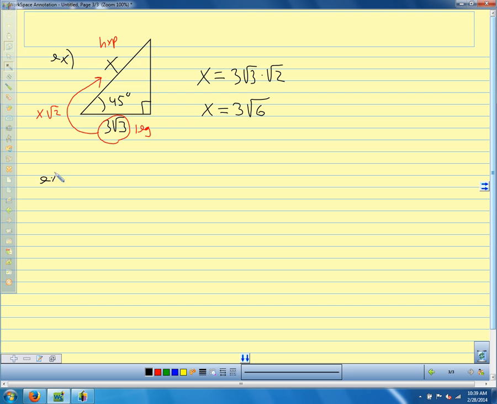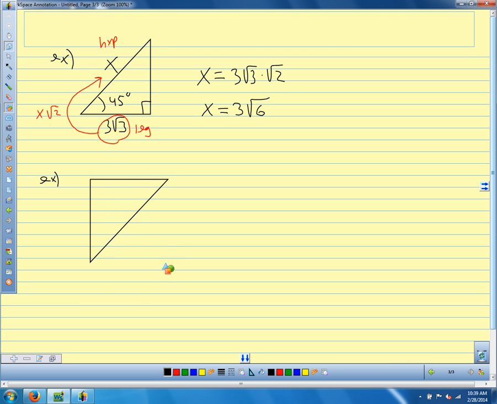All right, let me see if I can trick you guys. All right, we want to find x here. Sam says 7. Why is it 7? They're both legs, right?